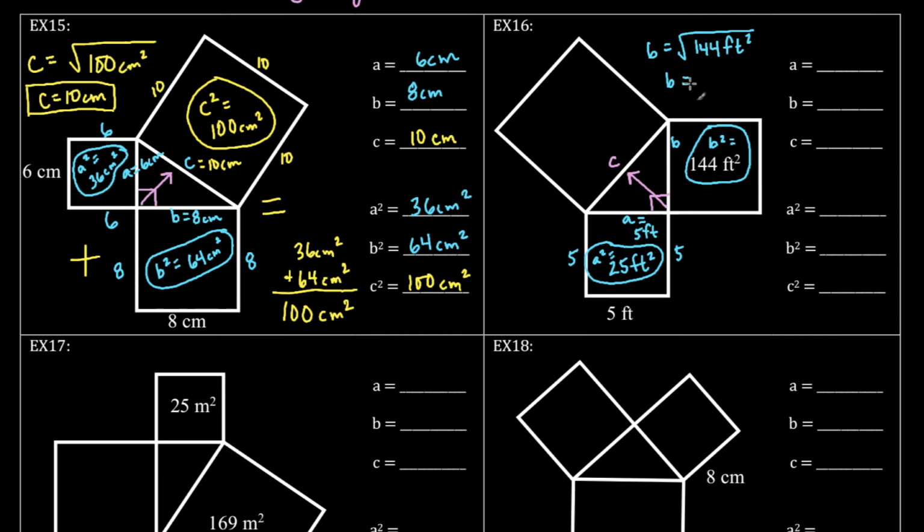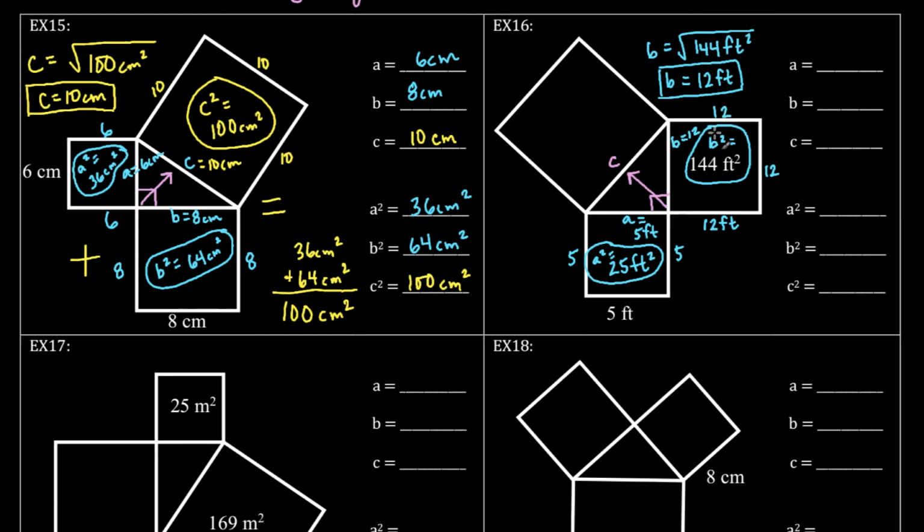B equals 12 feet. So this is 12 feet. I'll put 12 right here actually, and then I'll put 12 feet over here with the unit of measurement.